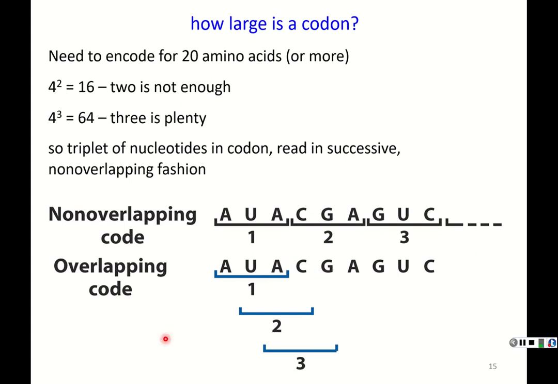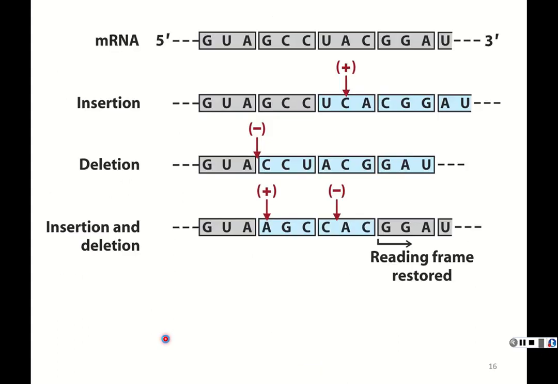You can imagine if they did overlap, the complexity would be quite a bit higher, and depending on what amino acid you have first, it would limit your choices for the next amino acid, which would not necessarily be good for protein synthesis.